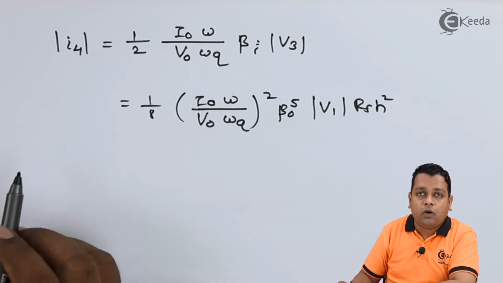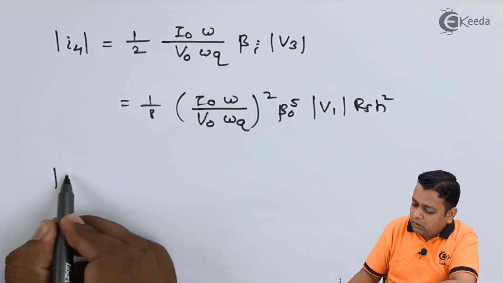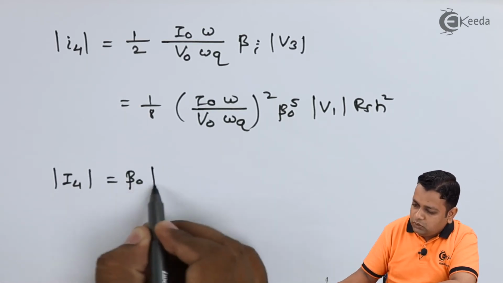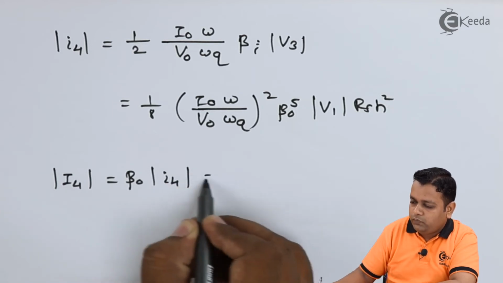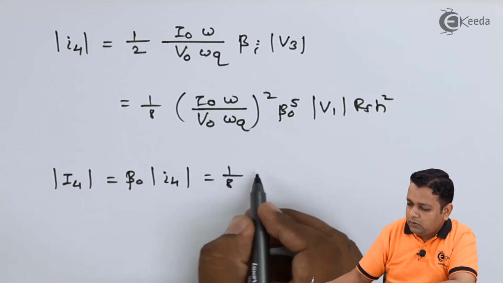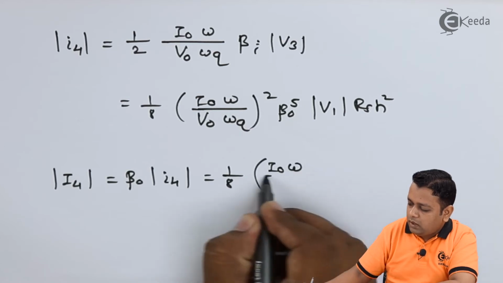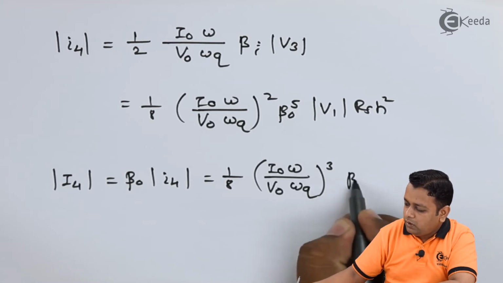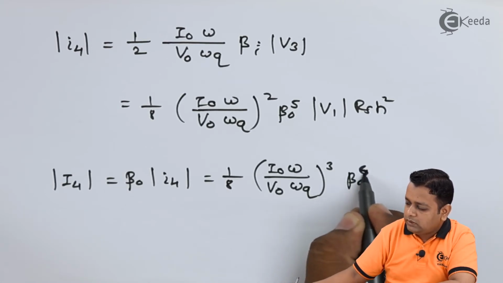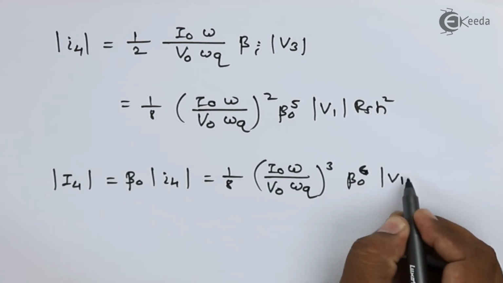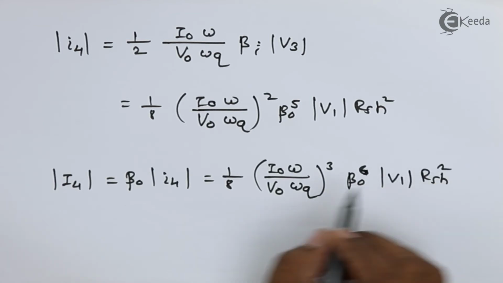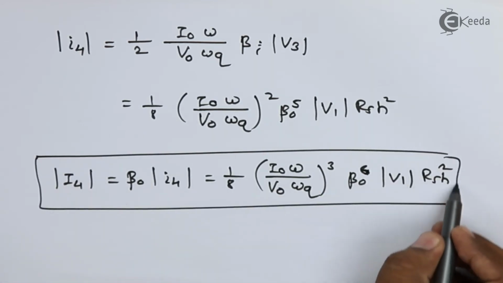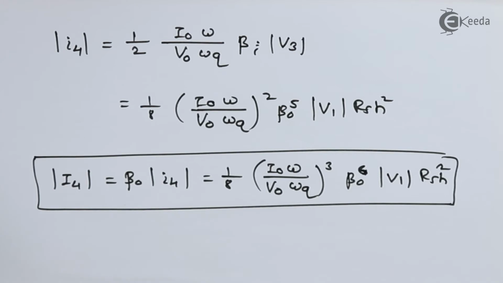And the fundamental component of this current can be denoted by mod of capital I4 equal to beta 0 into mod of I4, equal to 1/8 (I0 ω / V0 ωq) cubed, β0 to the power 6, mod of V1 into RSH squared here. So this will be the fundamental component of the current with respect to the output cavity, the catcher.